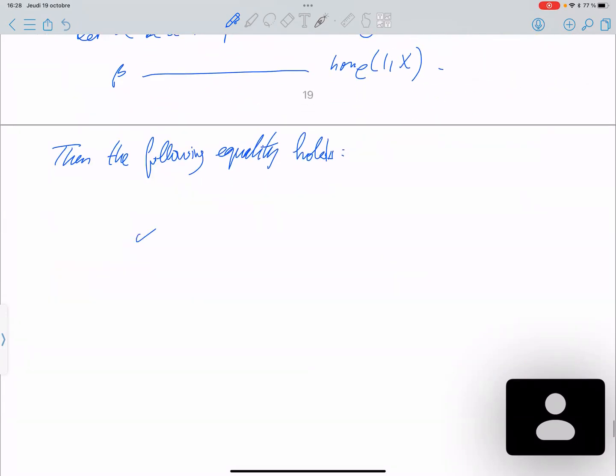Alpha of Y X star tensor beta, and here 1.